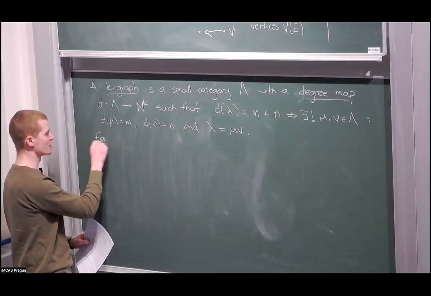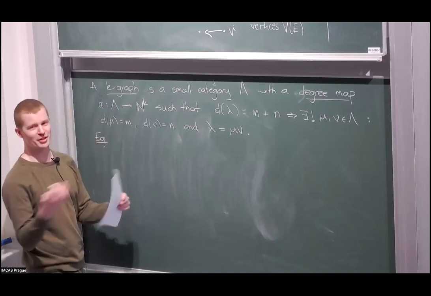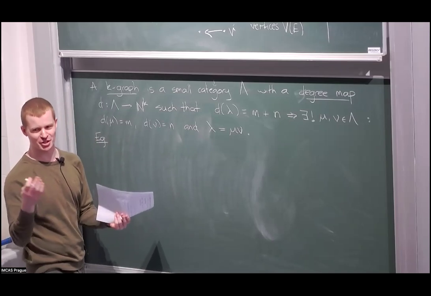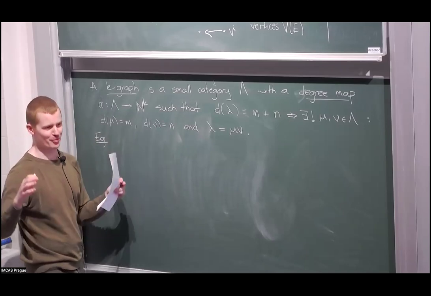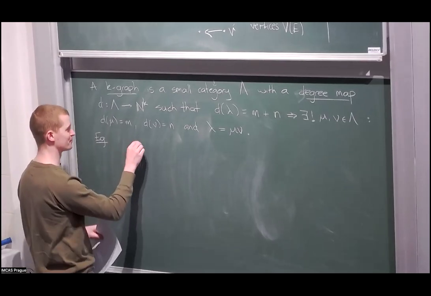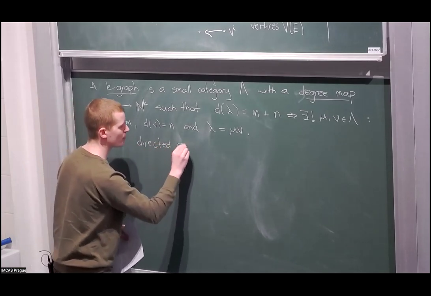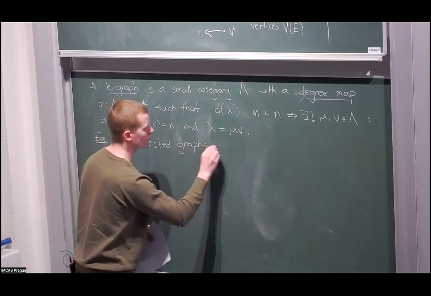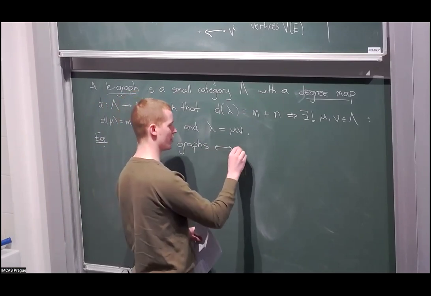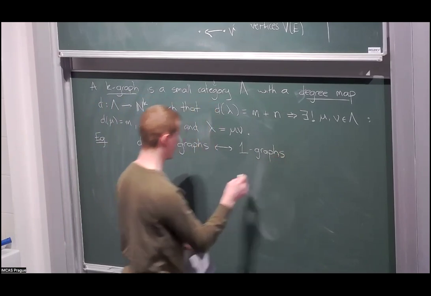So the first example of k-graphs would be what do the one-graphs look like if I just take my positive integer k to be 1? Hopefully I'll get back to a one-dimensional setting, which is a directed graph. And I do. The directed graphs correspond with the one-graphs. How so?